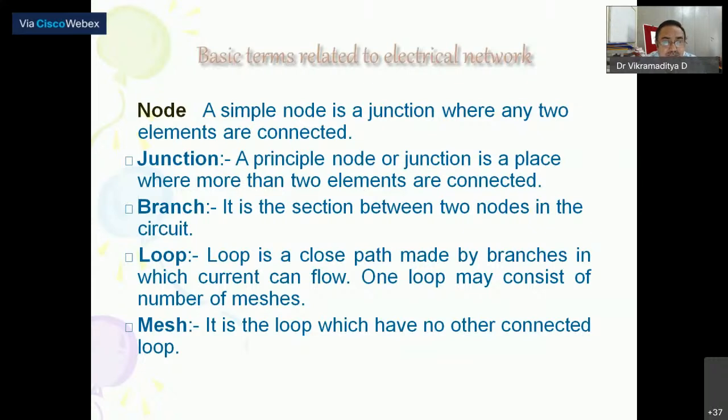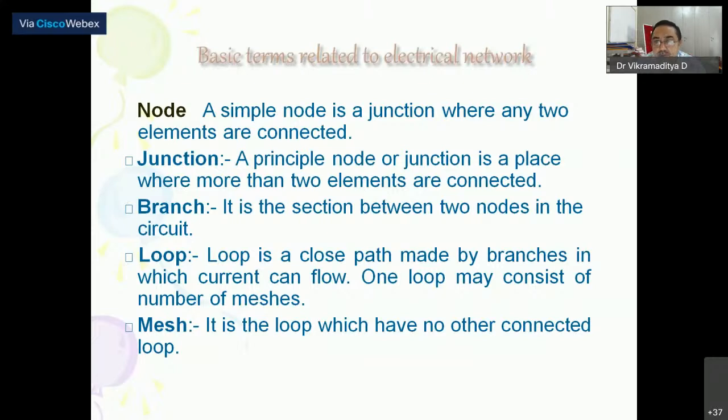The very first term is the node. What is a node first of all? A node is in fact a junction. Junction means where two or more points meet. In the railway system, you might have heard names like Marwar Junction, Ajmer Junction.